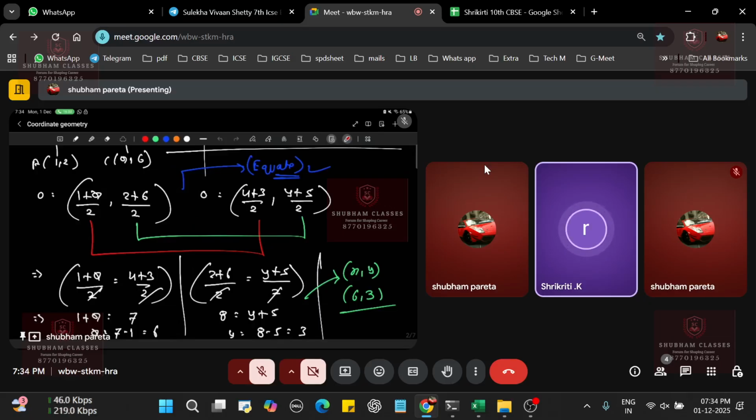So 1 plus x by 2 is equal to 7 by 2. I've cancelled 2 and 2, and 5 plus y by 2 is equal to 4. So I've got 1 plus x equal to 7 and 5 plus y is equal to 8. I've solved the equation, and x equal to 6 and y equal to 3.